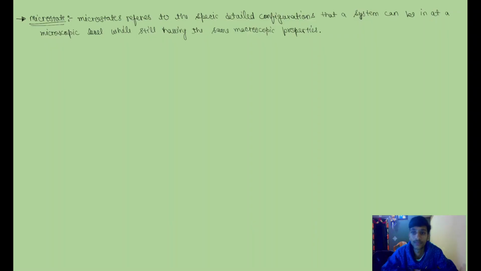So what does this mean? I'm taking an example of magnetic moments. Consider you have a three-spin system, where you have three magnetic moments. They can either point along the up direction or the down direction.